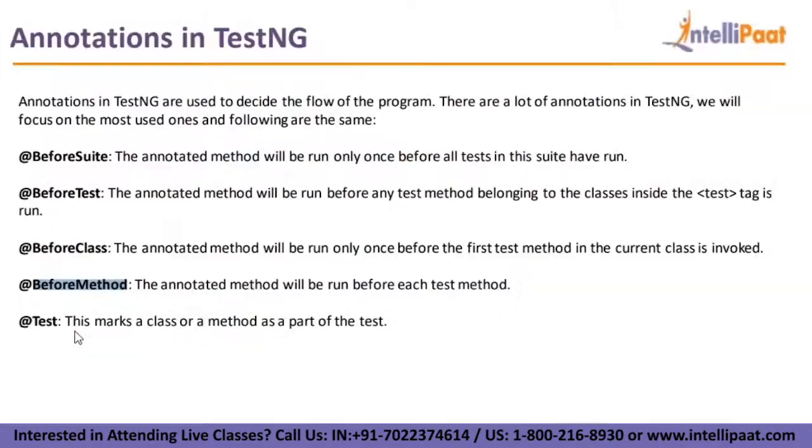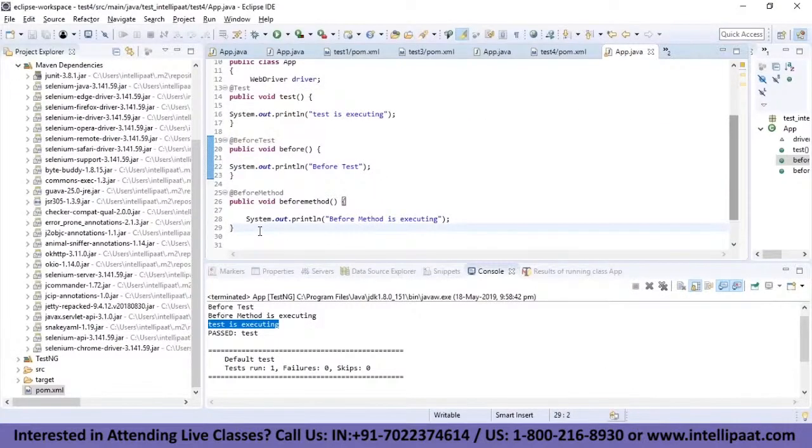The next annotation that we have is BeforeSuite, and then we have BeforeClass as well. Let's put all these annotations together and see how the execution sequences. Let's first put BeforeClass.